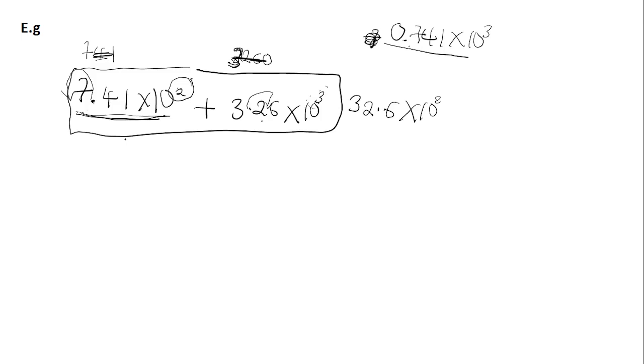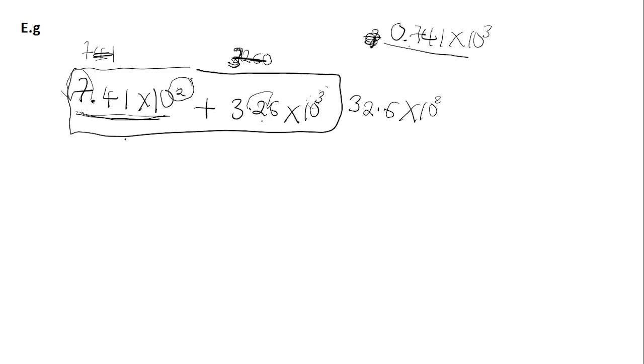So what you do now is just add the A part alone: 0.741 plus 3.26, times 10 to the power 3.